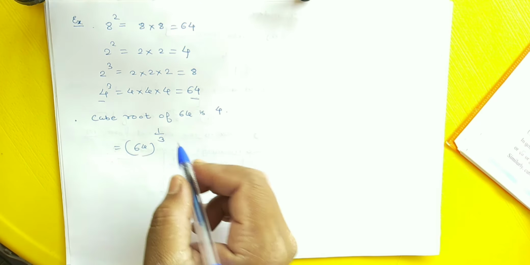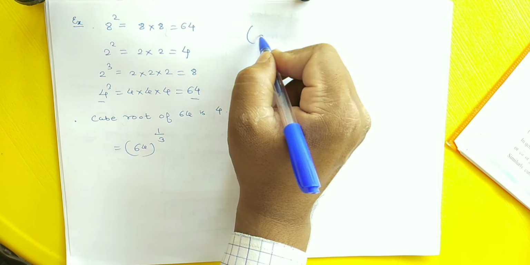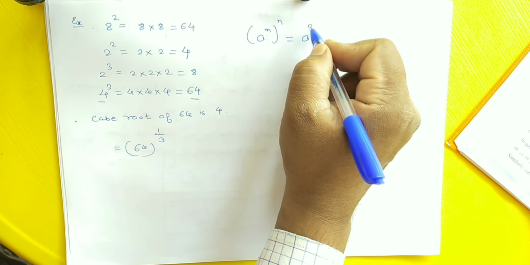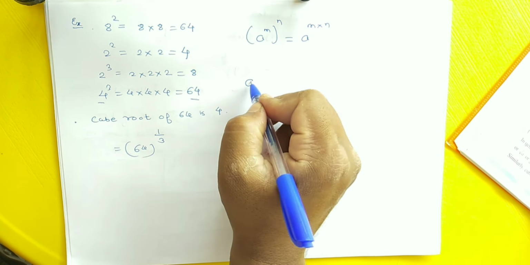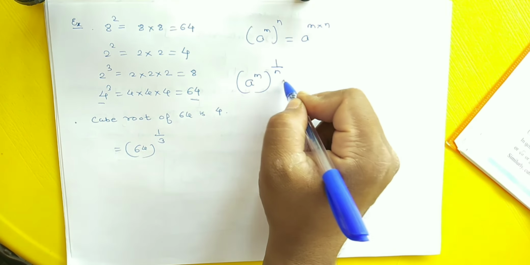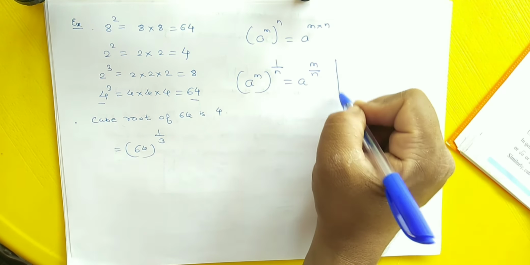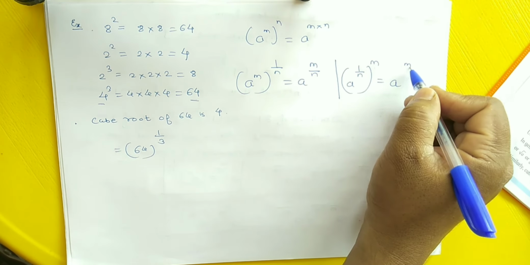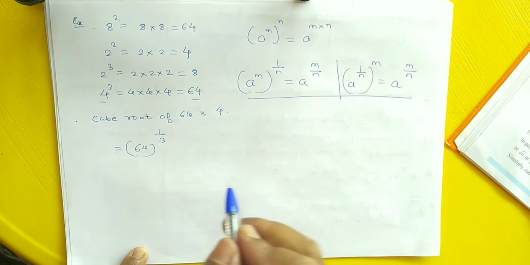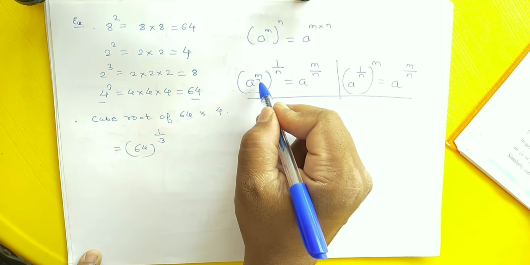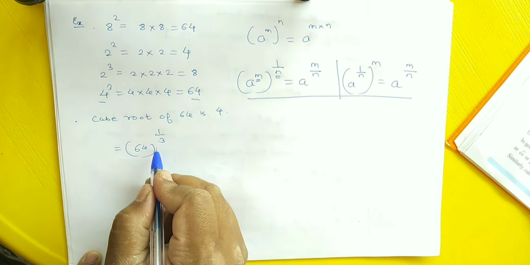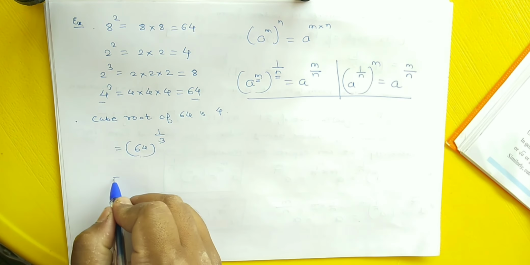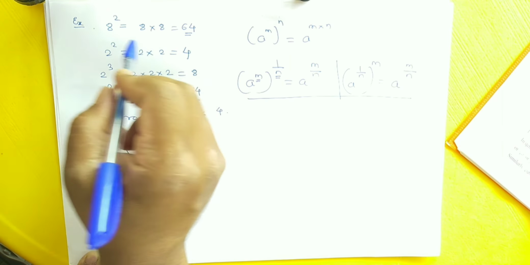But here we want to use the rule, that is a to the power m into 1 by n, which gives a to the power m upon n, and in the second case a to the power 1 by n, whole to the power m, is equal to a to the power m upon n. So we want to write in these two forms, and for that purpose you need the value of m and the value of n. So I am considering 64 to the power 1 by 3. We know that 64 is 8 square.